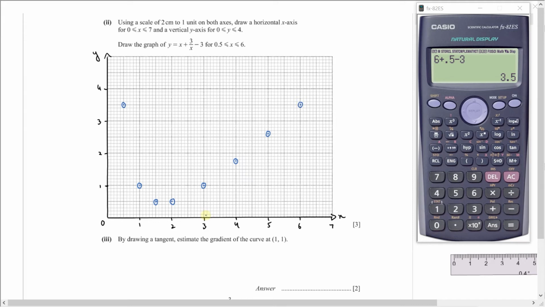So this is the plot. Now we will join them to draw a smooth curve. So let me draw this.